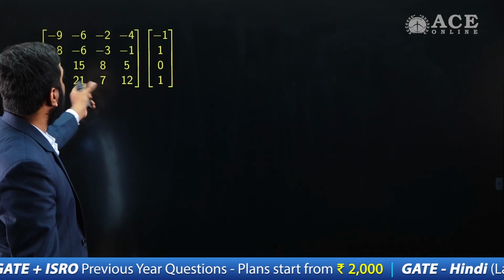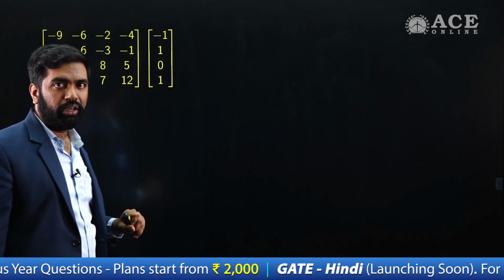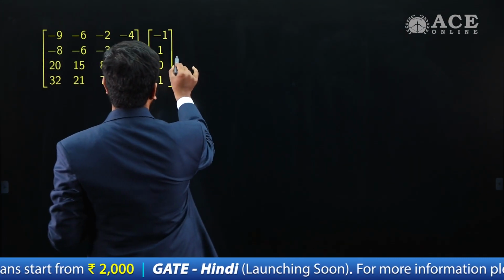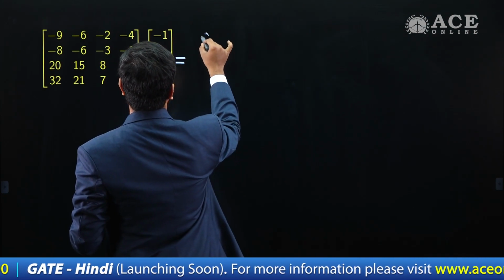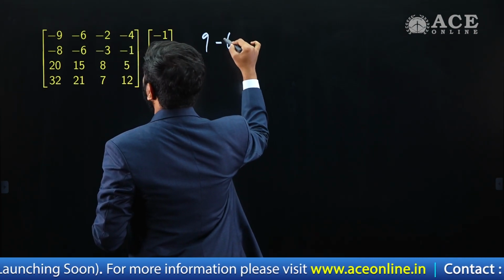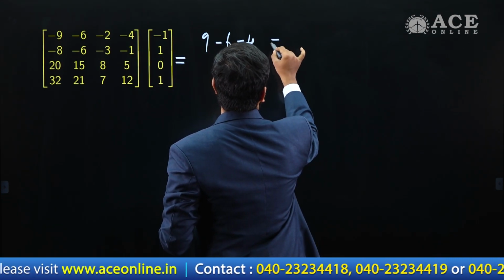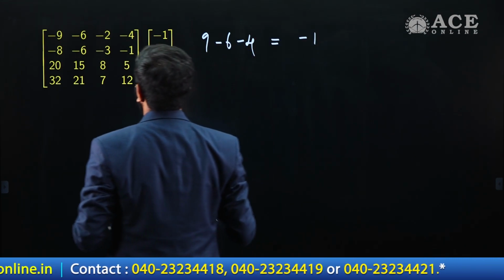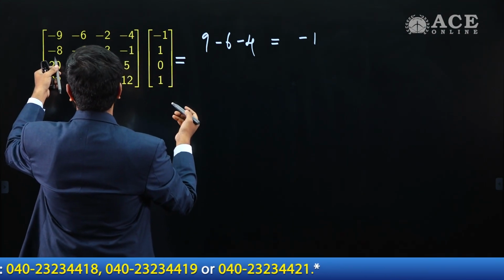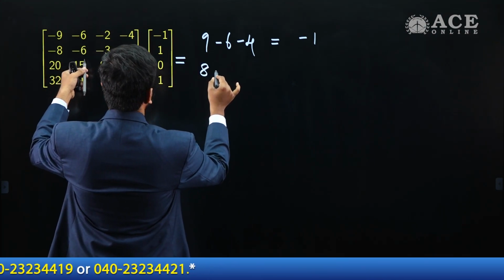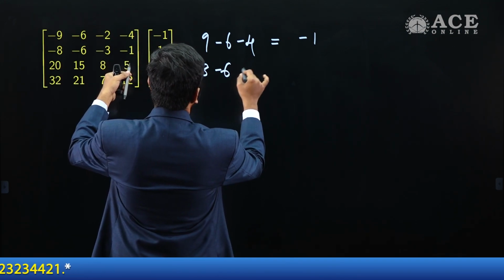I have taken this A and this is the vector that is provided in option A. Let's multiply this. When I multiply, what do I get? 9 minus 6 and then minus 4. It's 9 minus 10, which is minus 1. You just have to multiply. This is a simple verification process. It's 8 minus 6 and then minus 1.